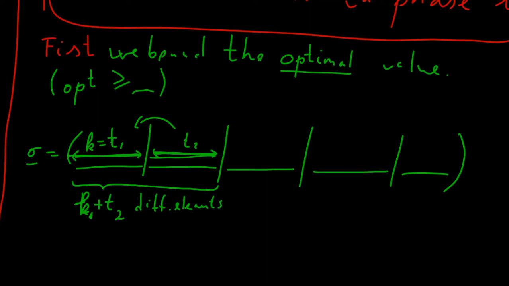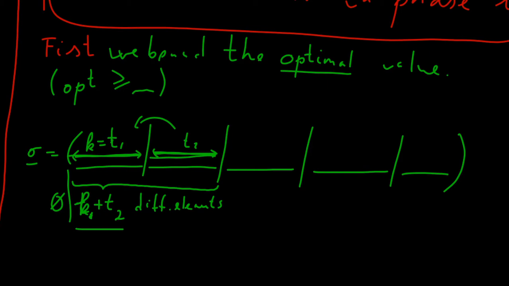Now this means that since I'm starting with the empty set in the cache, this part will cost me at least k plus T2 cache misses.